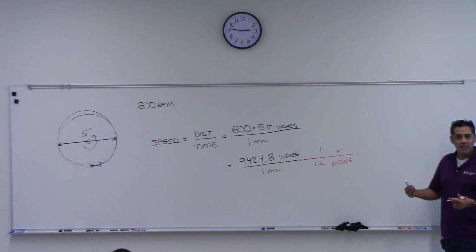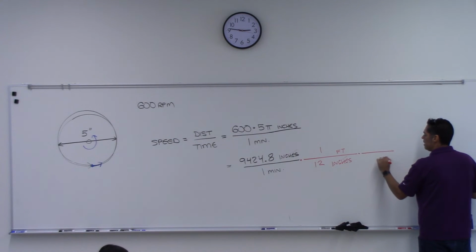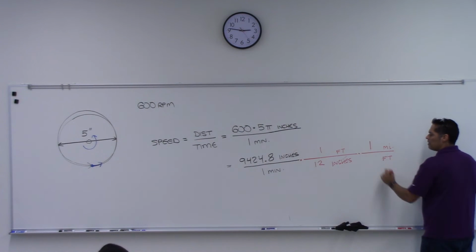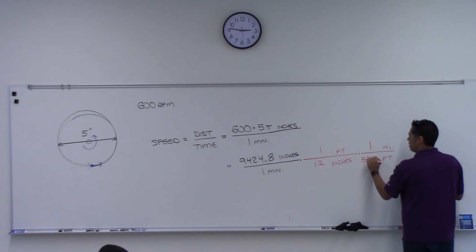Now I need to get from feet to miles. So I multiply this by, well, you need to know how many feet are in 1 mile. Anyone know? In 1 mile, how many feet there are? 5,280, I believe.